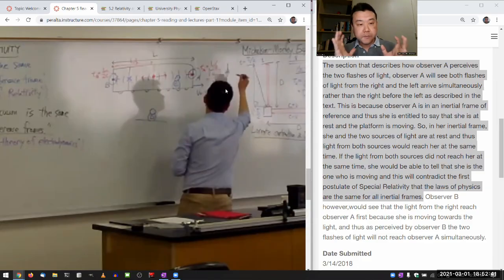So once you set up a pair of events to be simultaneous, you have to pick a reference frame in which they are simultaneous.